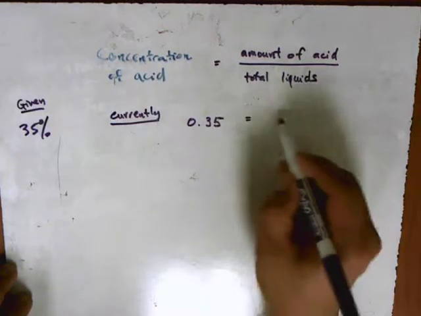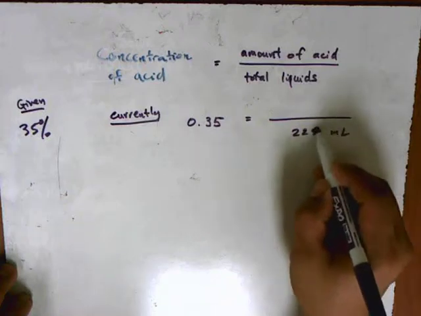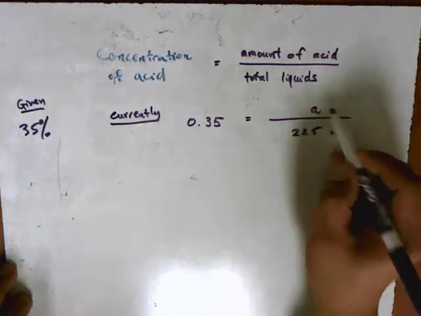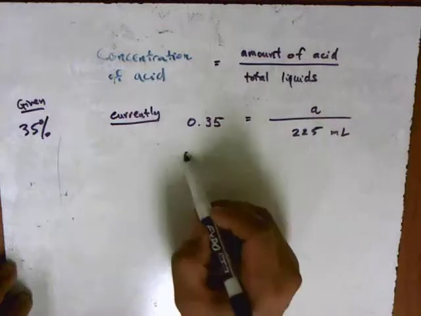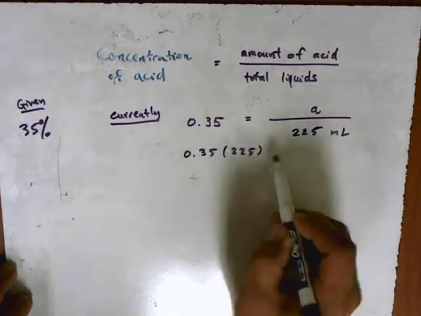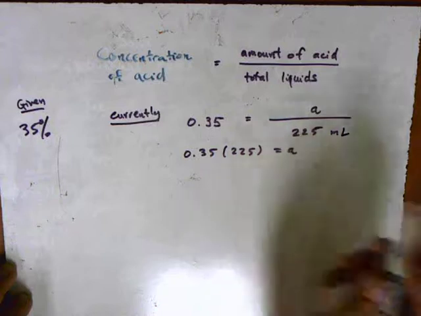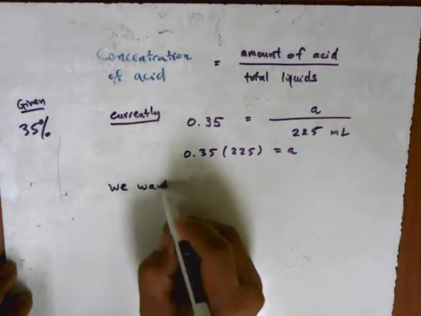The total amount of liquids is 225 milliliters, and we'll say the total amount of acid is A. So I can solve this, and I get 0.35 times 225 is equal to A. Now let's look at what we want.